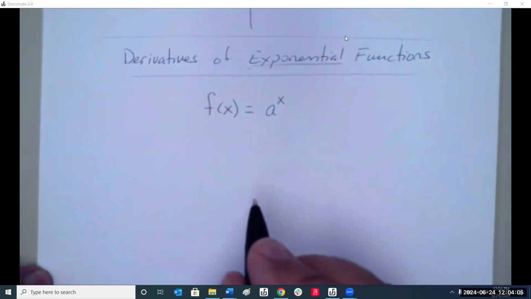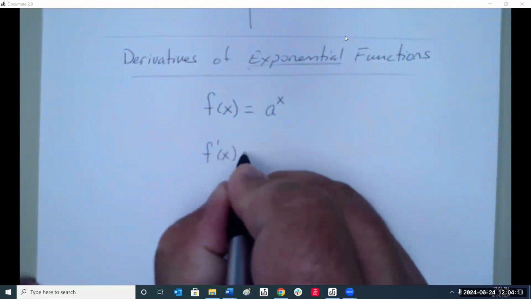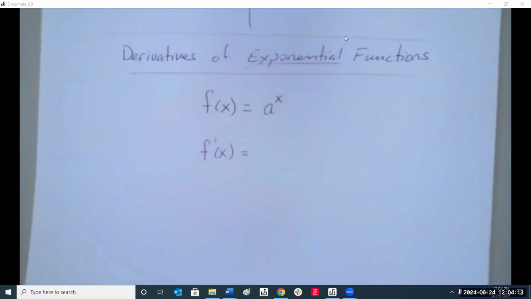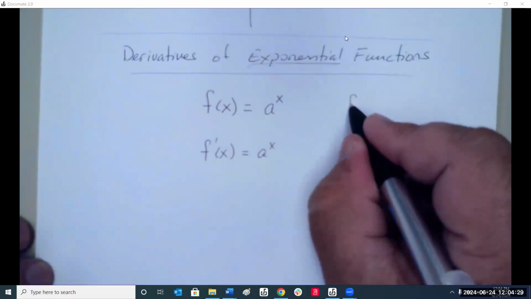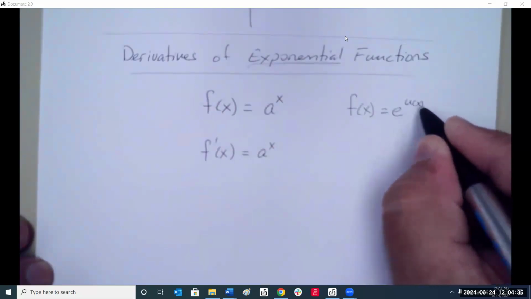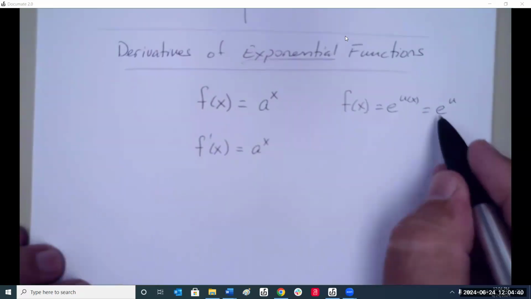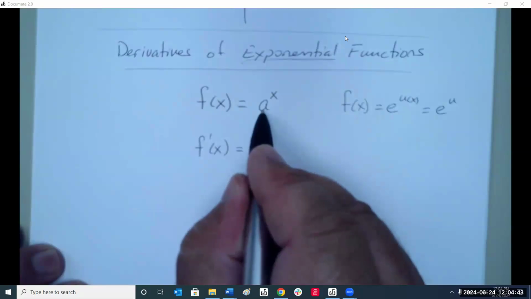So the derivative of an exponential function, typically the function we'll use more so in this class is, we'll say e to the u, whenever you have an exponential function, because there's no x down here.